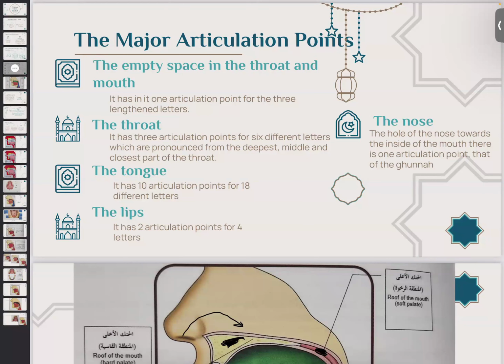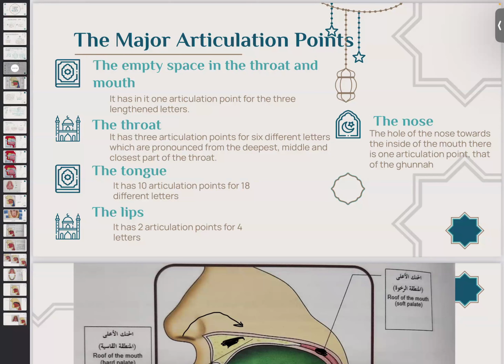Then we spoke about the tongue, and we said we have 10 articulation points for 18 letters.